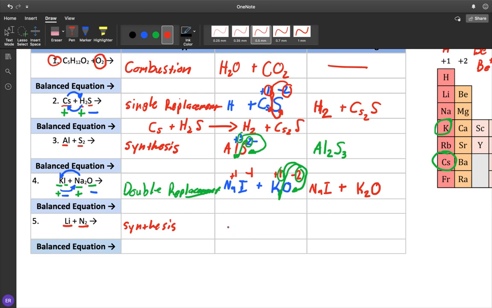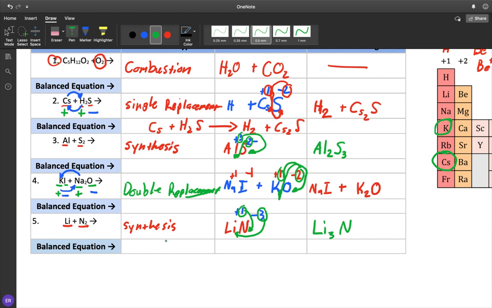So again, we put the elements together and then we determine what the charges are. So Li is +1, N should be -3. So again, these are not the same values. We are going to use the cross method. 3 becomes the subscript for Li, and 1 becomes the subscript for N. So our compound is Li3N.